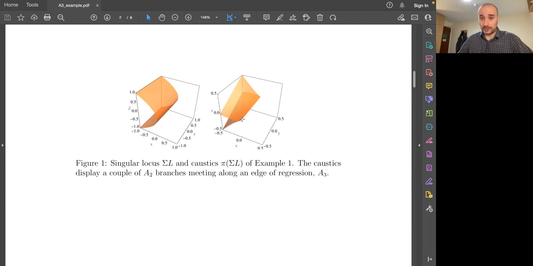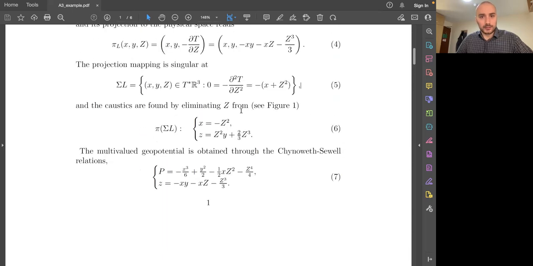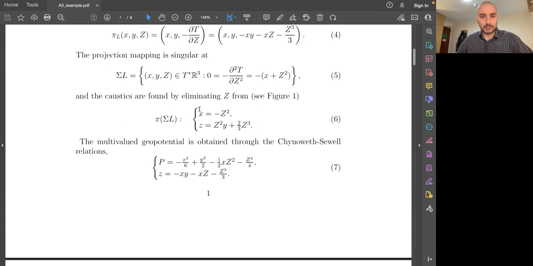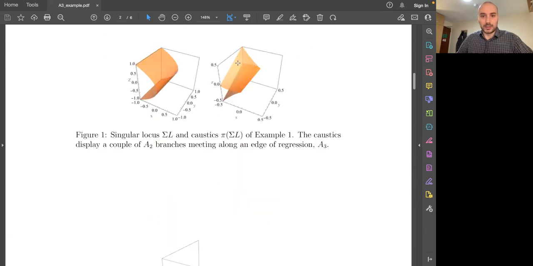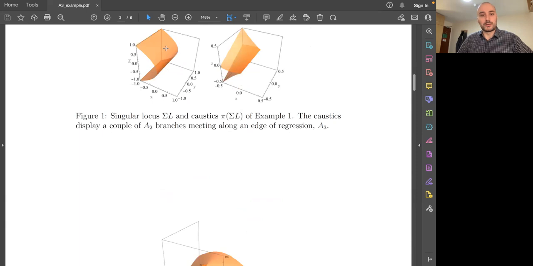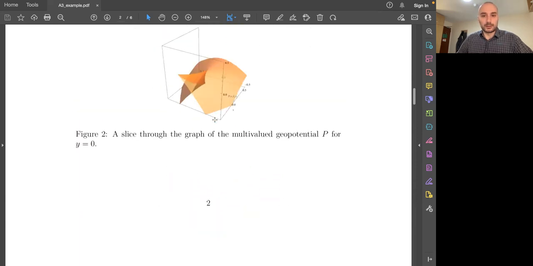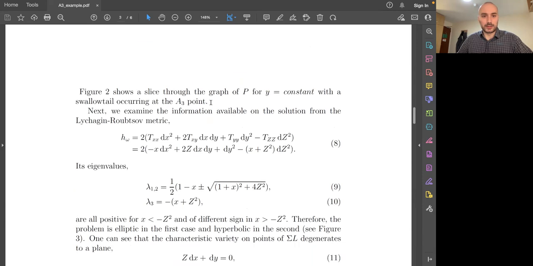It has a cusp along all this line, which is a peculiar feature of the A3 singularity, according to the classification by Arnold. This is a typical feature of the cusp singularity. So that's the caustics, singular locus. Not going to discuss this for the moment.